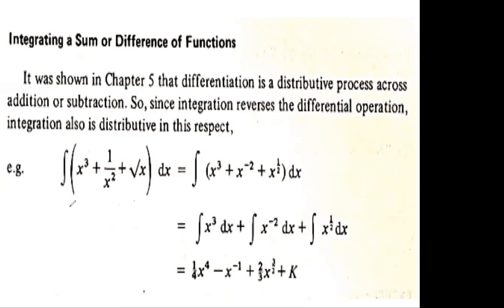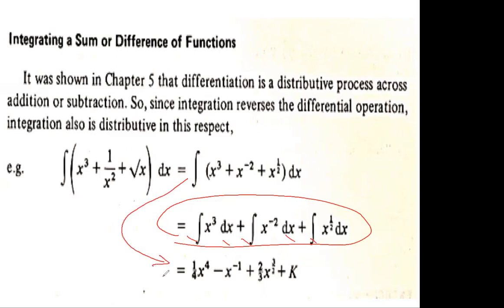I know there's a step here where I write all of this, but to save yourself all of this writing and all of these signs, some people just watch this and go straight to the answer. But this is just to illustrate how you integrate a string of terms connected with a plus or a minus sign.